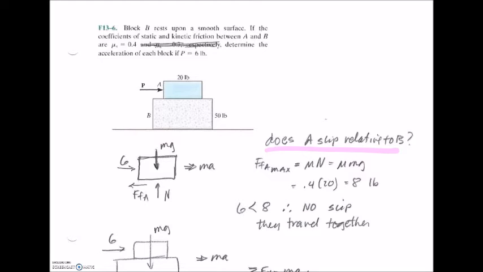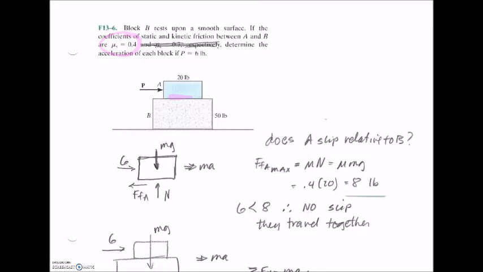Well, one way to find out if it slips is to analyze the slipping conditions. At slip, the force of friction between the two blocks is the maximum, which is going to be mu normal, which is mu mg, which is 8 pounds. Now for this problem, I'm only going to be using the static coefficient of friction. I'm not going to use the kinetic coefficient of friction right now.